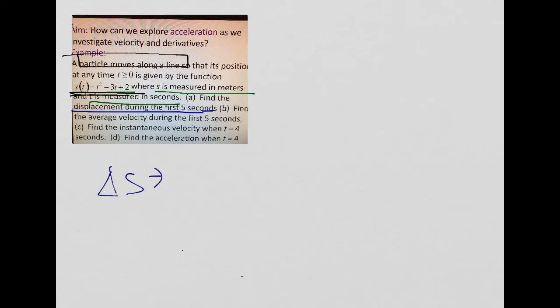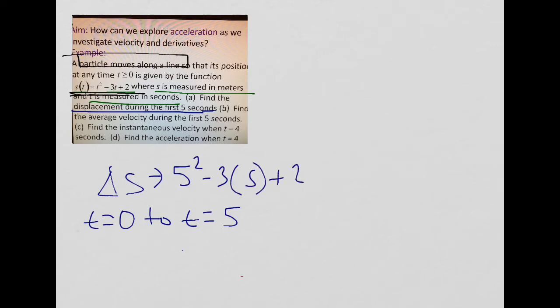So when it says the first 5 seconds, then that means you're going from when t is 0 to when t is 5. So plug in the 0 and the 5, or actually the 5 first, and then the 0, and subtract them.